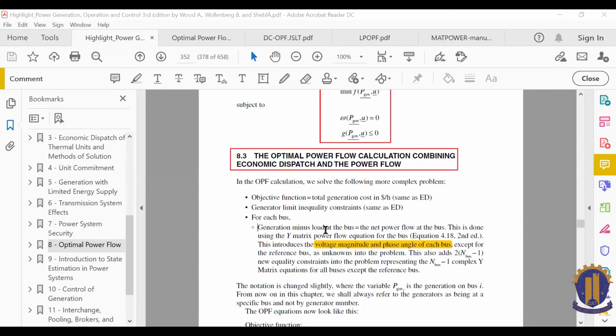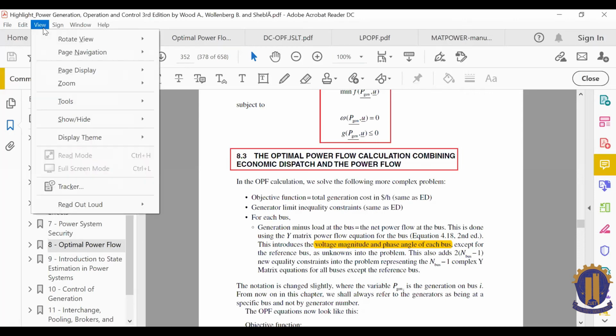Outgoing power is on the two transmission lines and one local load. So in this way, like KCL, incoming current is equal to outgoing current. For all the buses, all the nodes of the transmission network, this is maintained. So we can say generation minus load at the bus equals the net power flow at the bus.